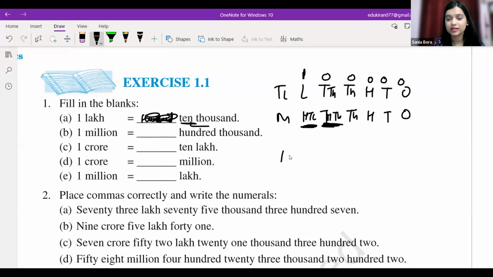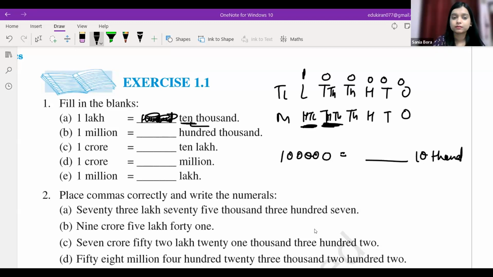So over here, you will write this 1 lakh, 100,000, 10,000. Right? You wrote 1 lakh. Now what you have to do: 10,000 is already there. So how would you find it?